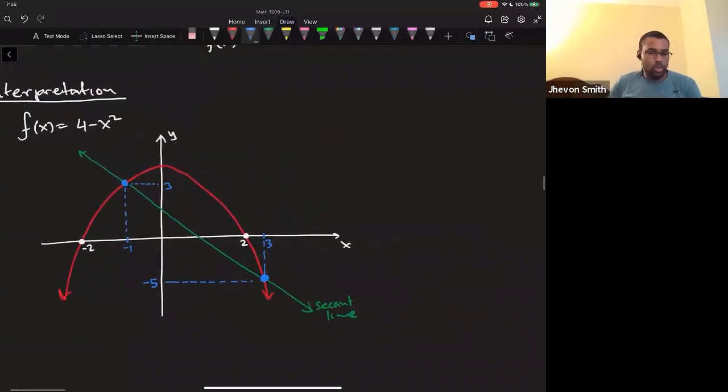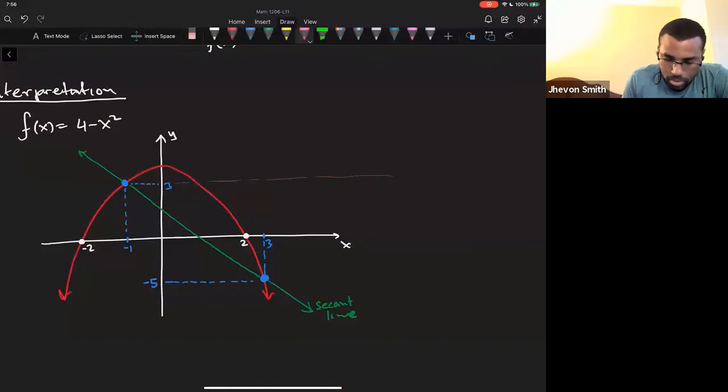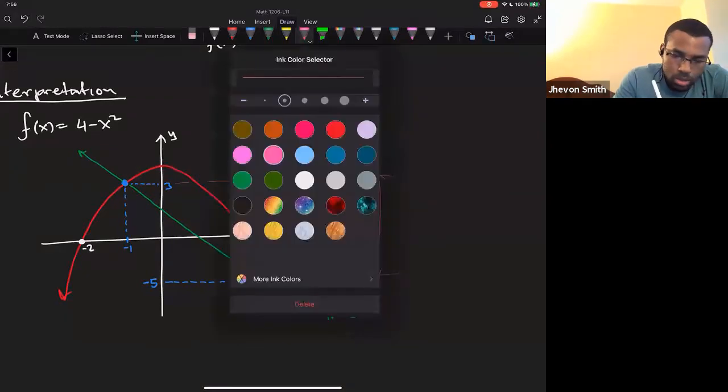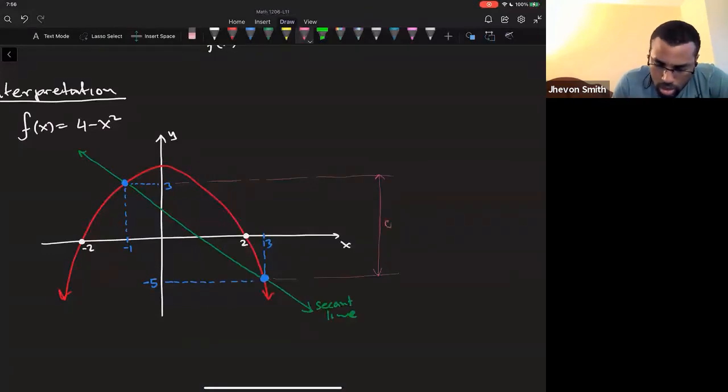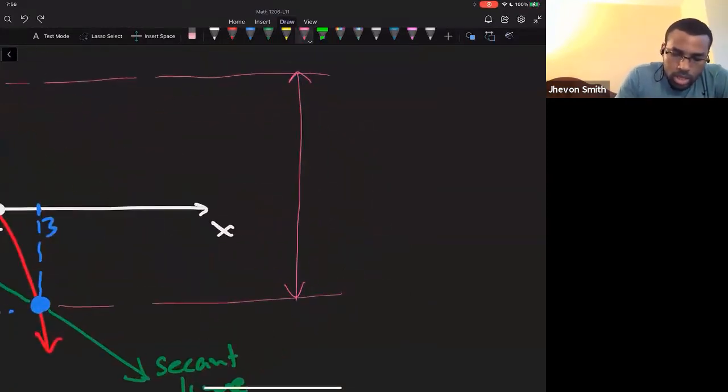Okay, so now here is what we want to measure. So let's look at how much the y value changed. Let me use pink. So here, this is the change in y value.